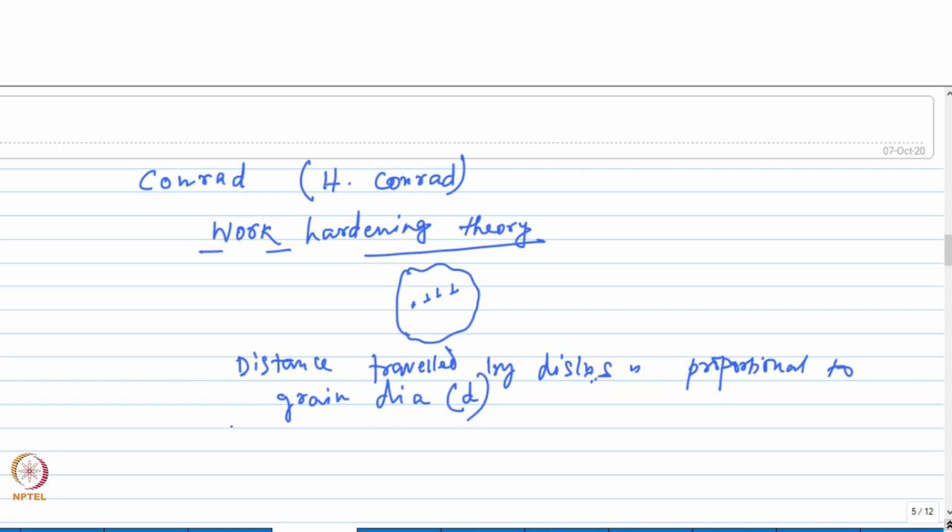So let's say x is the average distance traveled by the dislocations in a grain.